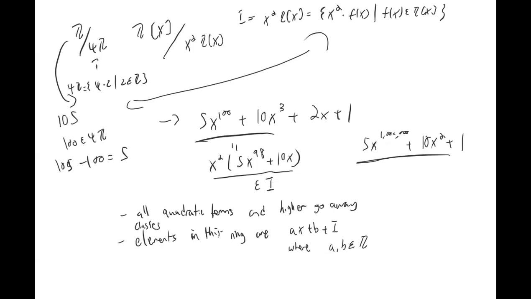Exactly, because for example, just take this one. If it's quadratic or higher, you could always just factor out x squared. Then you have 5x to the, I'm not going to write what this is, minus 2 plus 10, and now this element is in I, so it's 0. Exactly.